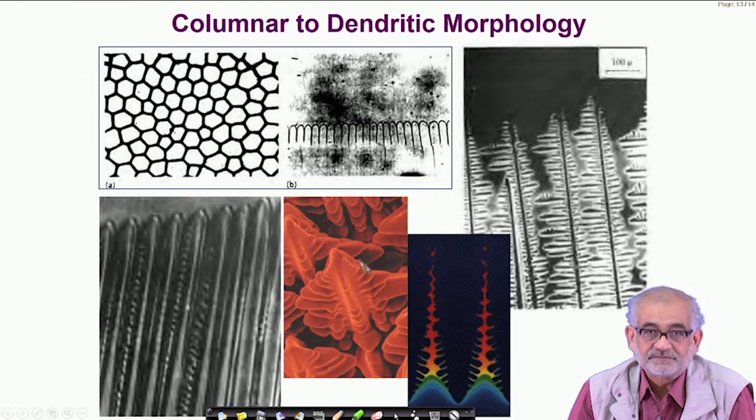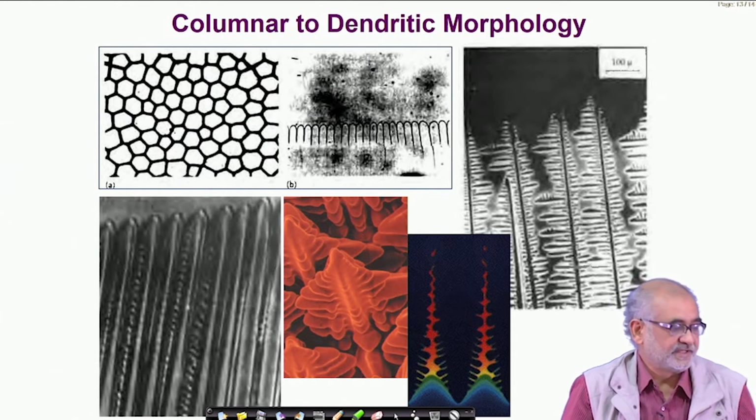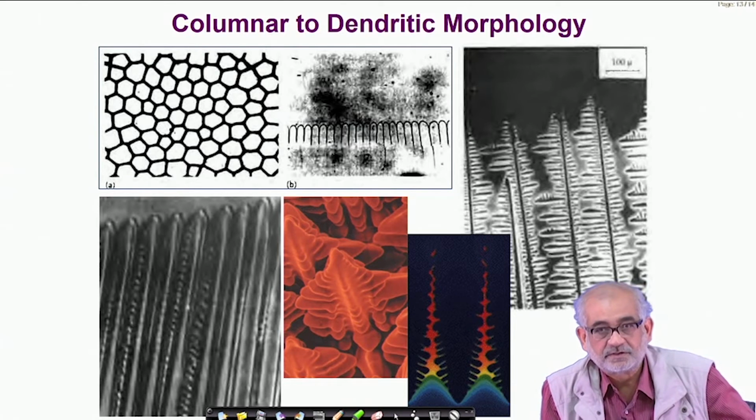So composition from the center to the surface of these kinds of columns or dendrites would be fairly non-uniform, and that's why they are called cored structures, where the center will have the least solute content and the surface will have the maximum solute content. Now, that's a very different subject matter altogether.